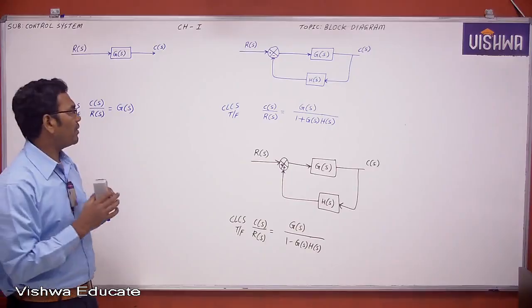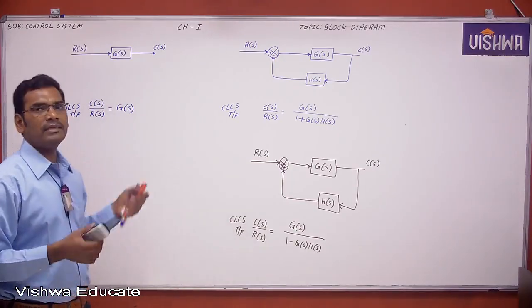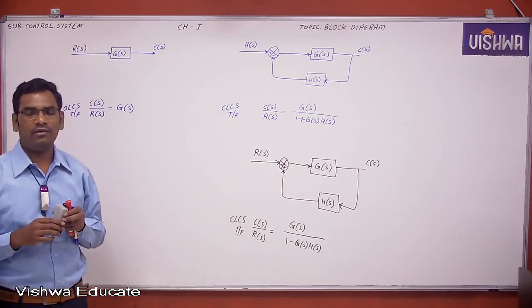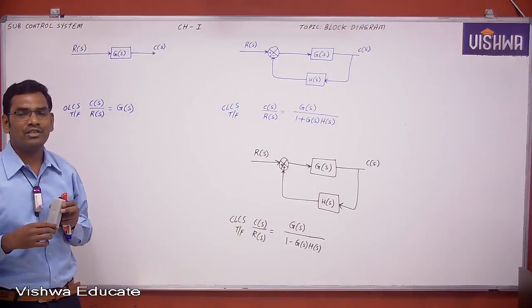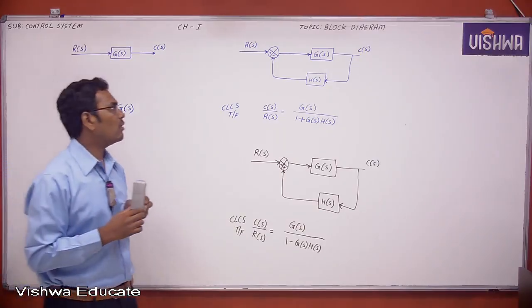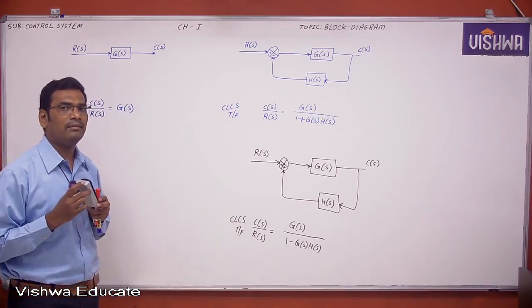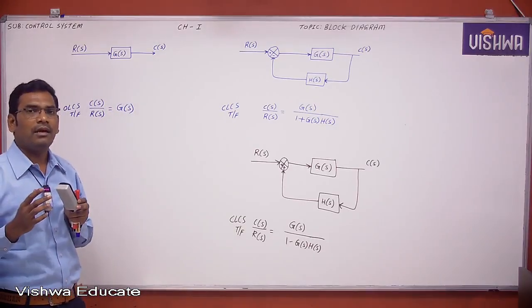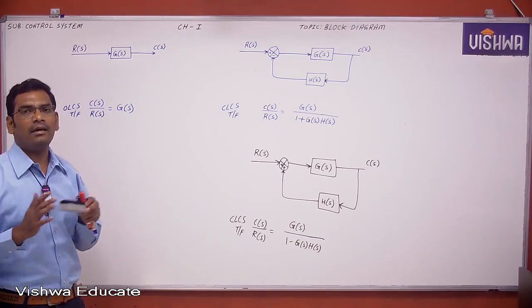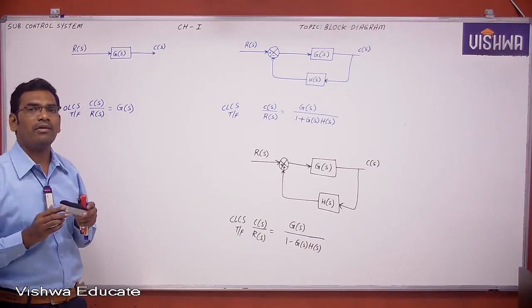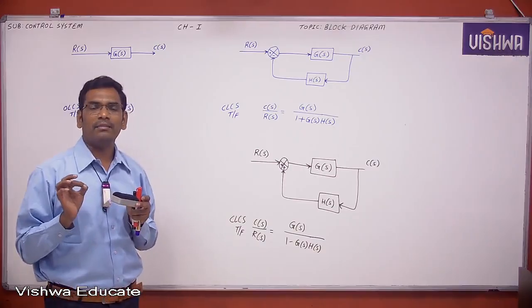Whenever there is a minimum number of blocks like this, you can easily find the transfer function. That set of rules and regulations in the block diagram is called block diagram reduction rules, used to reduce a large number of blocks to fewer blocks.